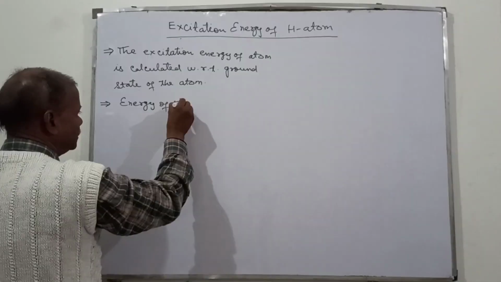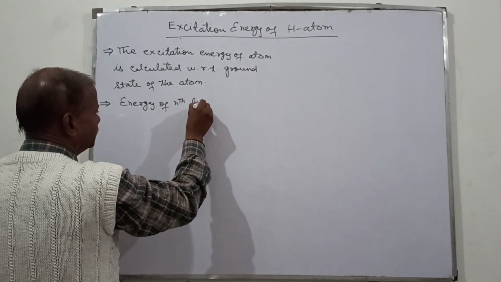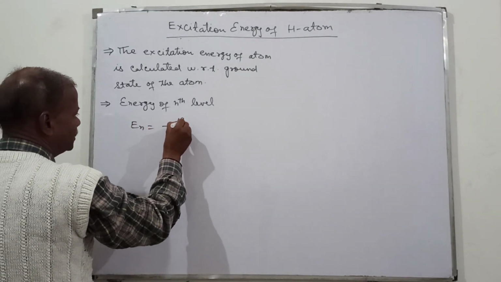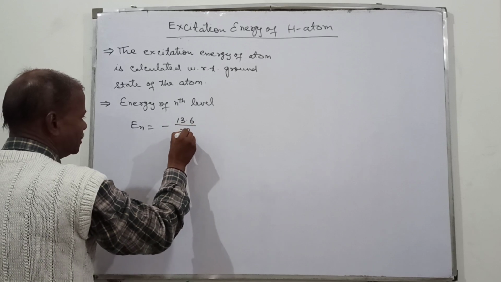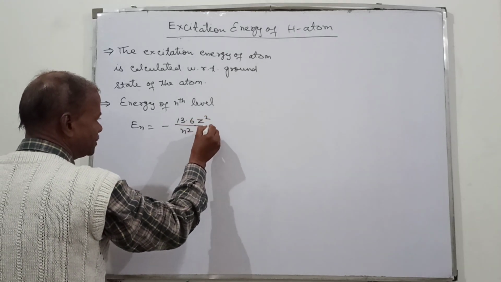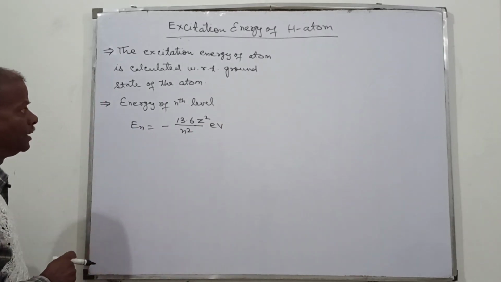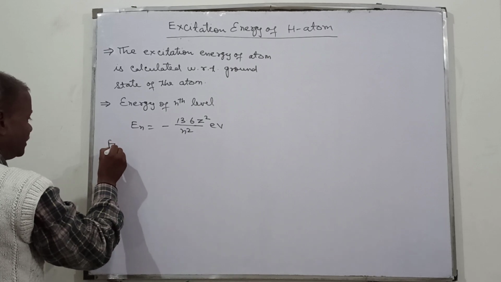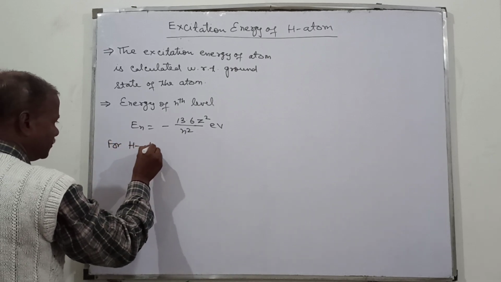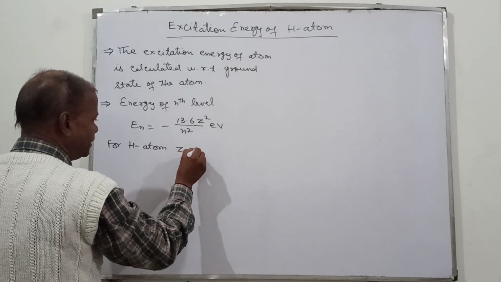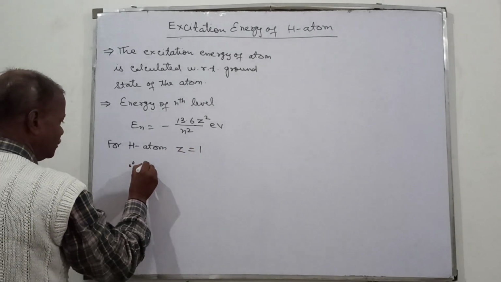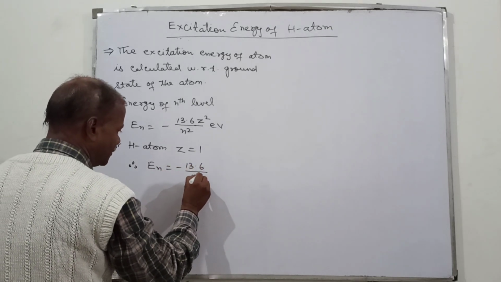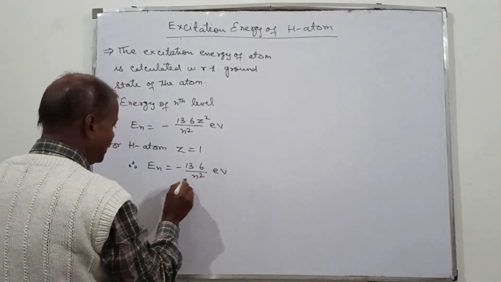Energy of nth level: En equals minus 13.6 upon n square z square electron volt. And we are taking the hydrogen atom. So for hydrogen atom, z equals 1. Therefore, En equals minus 13.6 upon n square electron volt.